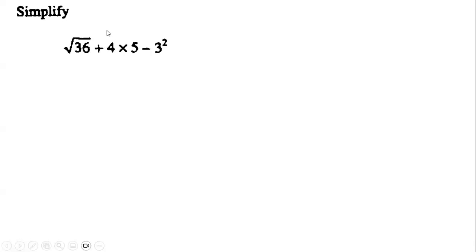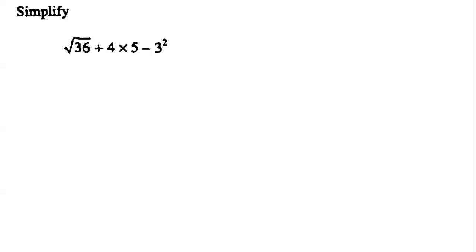Okay, so we have this particular expression here. I want you all to write it down. How would we read this? The square root of 36 plus 4 times 5, take away 3 squared.